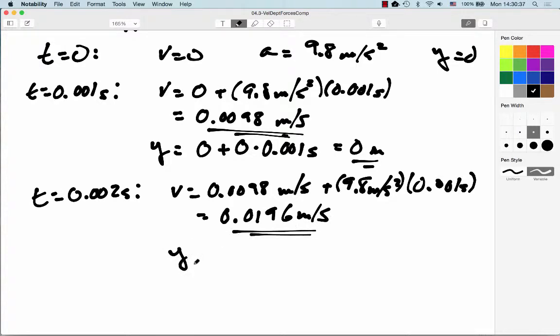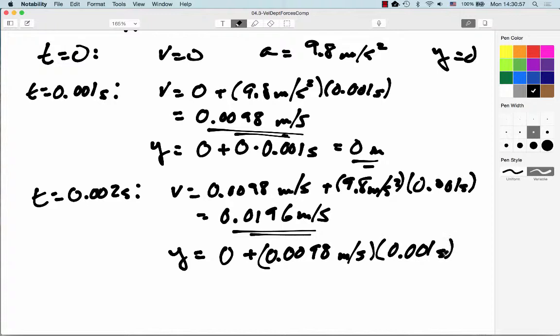And now for our position, we say that it's equal to 0, because that was the previous step, plus, well, finally we were moving at the last time step, 0.0098 meters per second times the time step of 0.001 seconds. And we get that our object is located now at 0.0000098 meters.